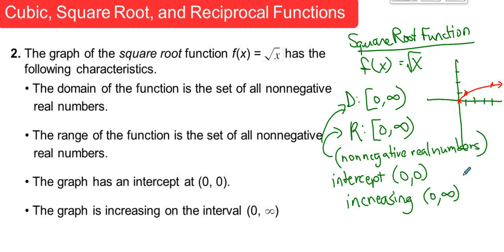And it's not symmetric with respect to anything. It's a function, so it can't wrap over the x-axis. It doesn't wrap over the y-axis, and we can't turn it like that either. So it's not considered even or odd either.